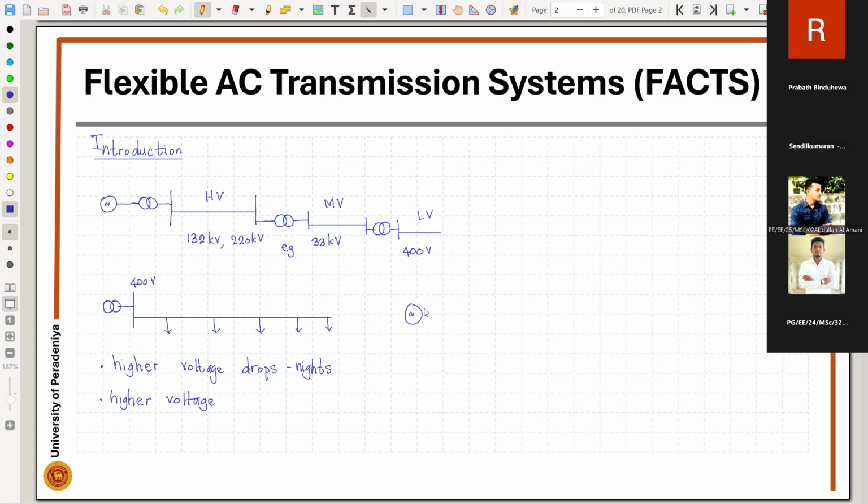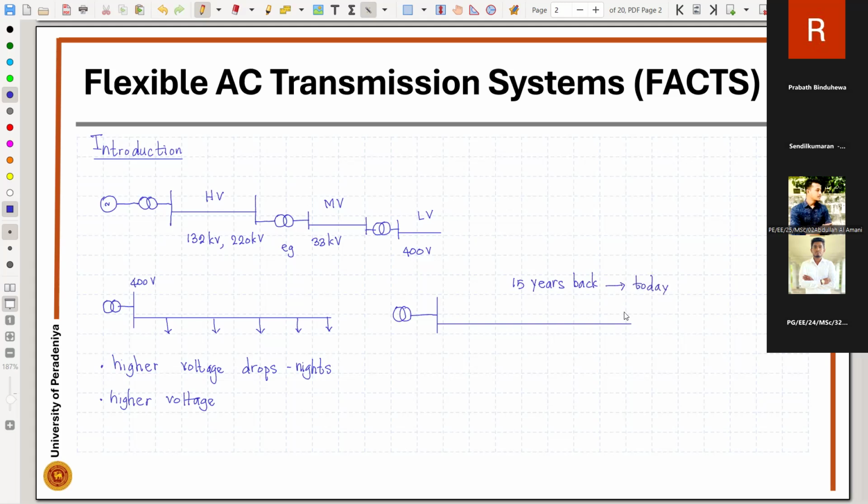Now, can you think of the distribution network in your area maybe 15 years back? What can you say about the number of customers connected to the distribution network then, and when you come to today, what can you see?